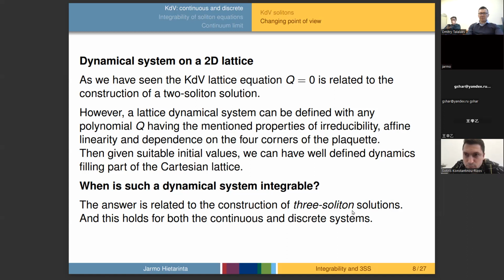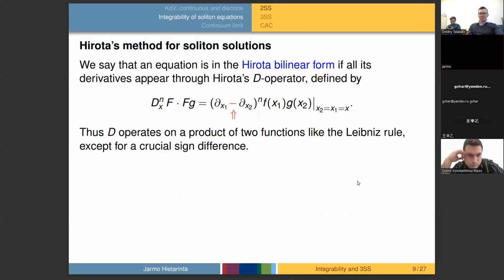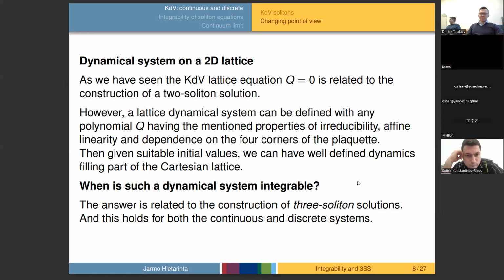I would rather say that if something like this happens, then the equation which we get out has all the properties of integrability. But this is maybe not a definition of integrability. Oh, okay.